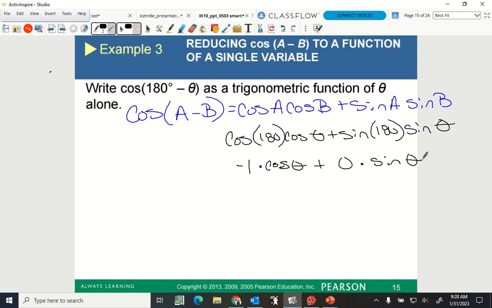And anything times 0 is 0. So what's going to happen to that second part right here? It's gone. So my answer is just negative cosine theta.